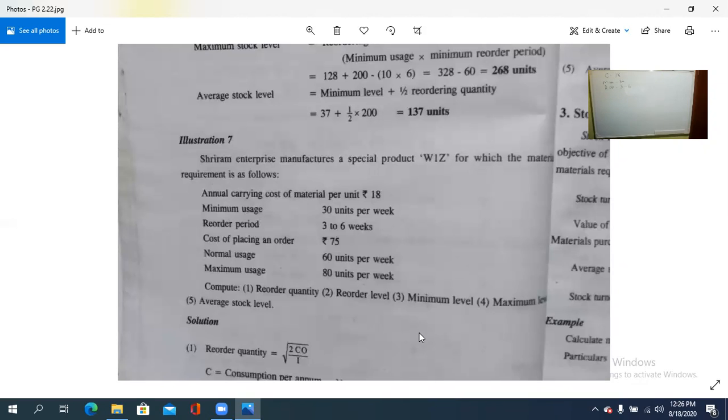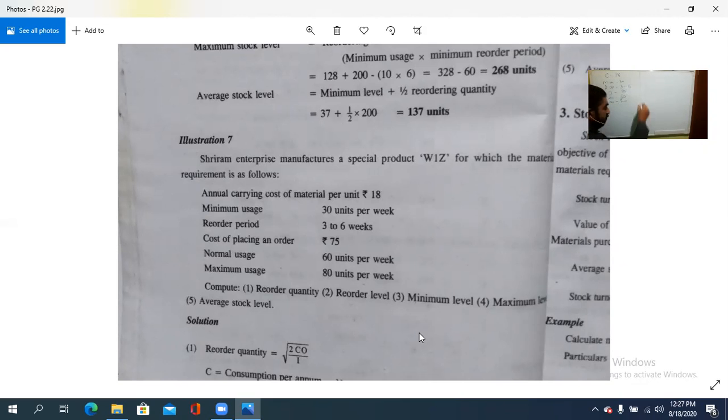Cost of placing an order, so ordering cost, is 75. Normal usage is 60 units and maximum usage is 80 units. Based on that, we need to calculate the economic order quantity or reorder quantity, reorder level, minimum level, maximum level, and average stock level.